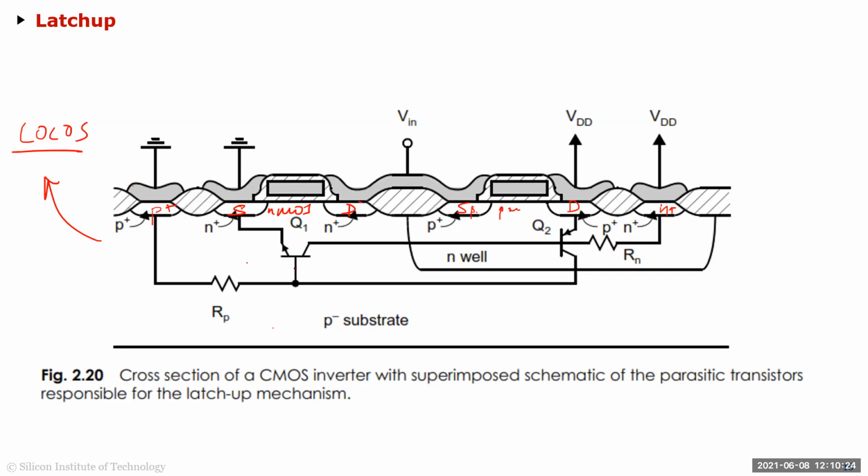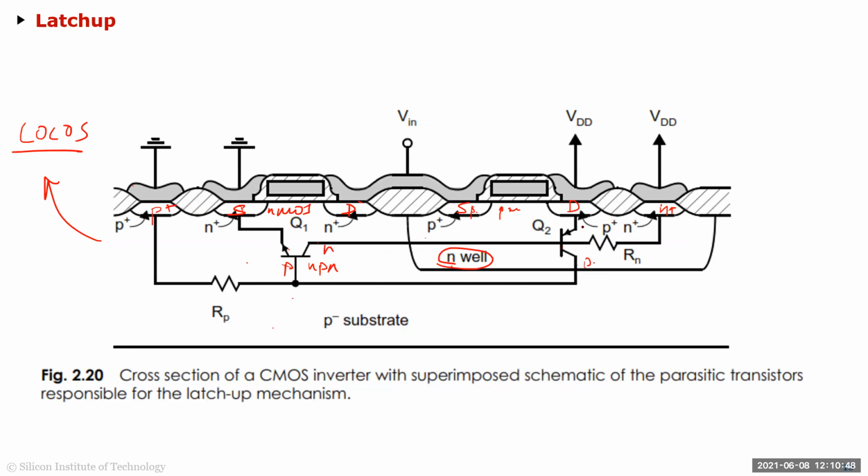So essentially you get these two BJTs, an NPN and a PNP. In this NPN, the N is the source side, P is your substrate, and this N is basically this N well here. This N well is the N base for this PNP.